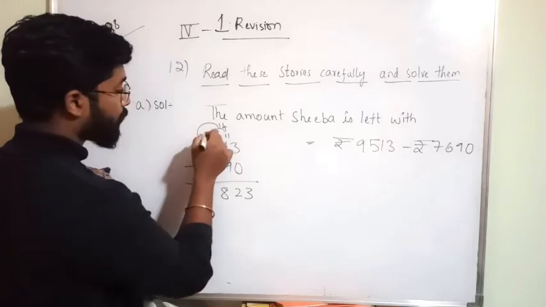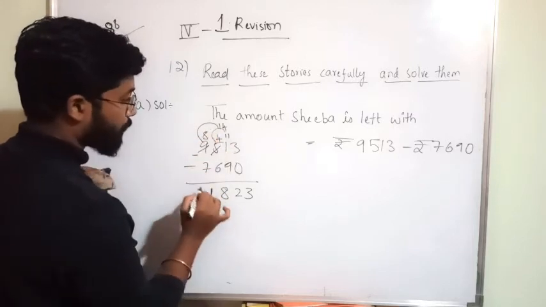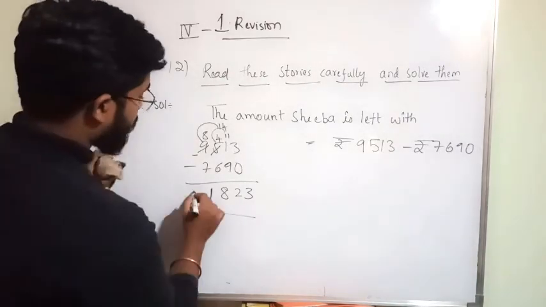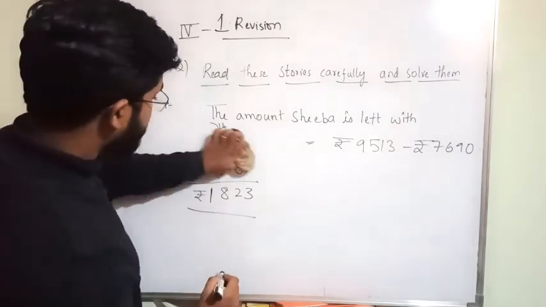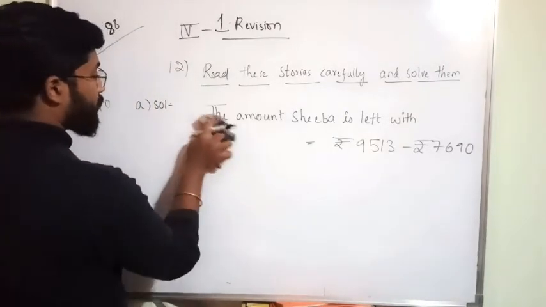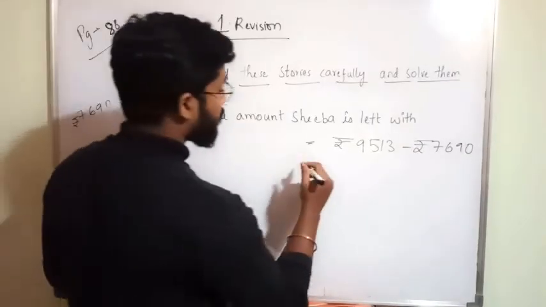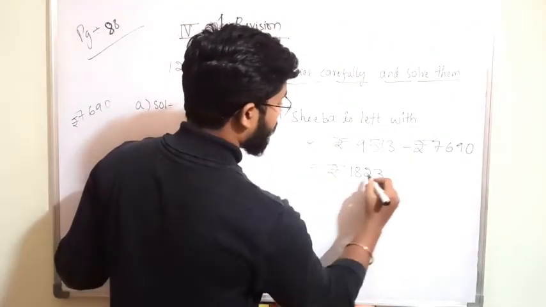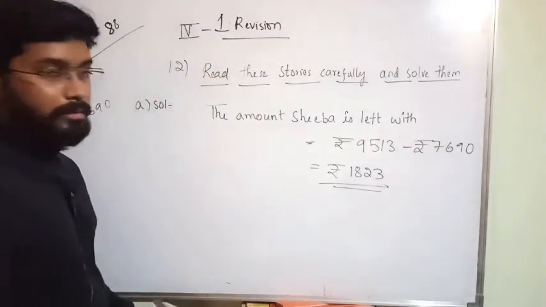Again 8 minus 7 is 1. Okay, this is the answer. 1823 is the answer. The amount Sheba is left with is 1823 rupees.